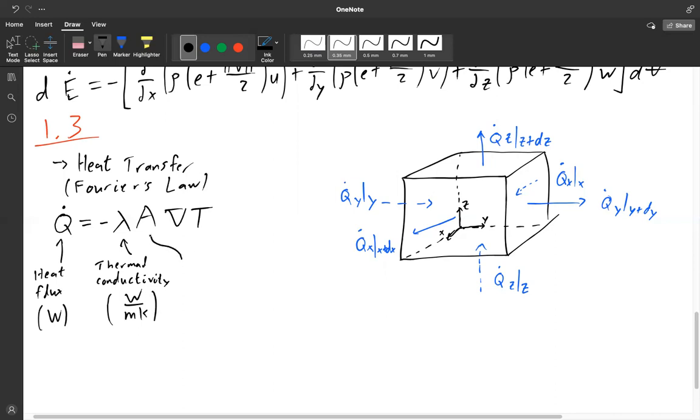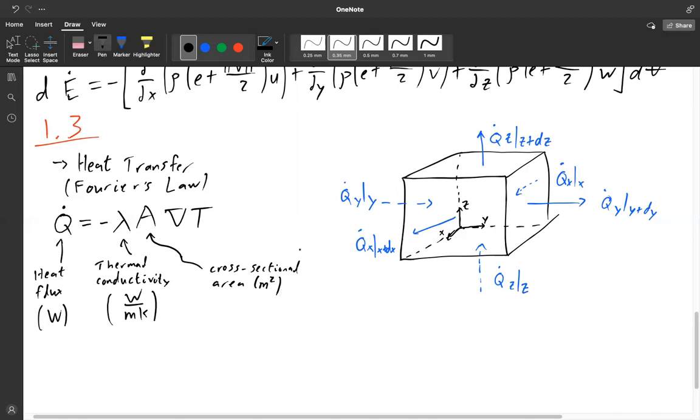A is the cross-sectional area, which obviously has units of meter squared or length squared.